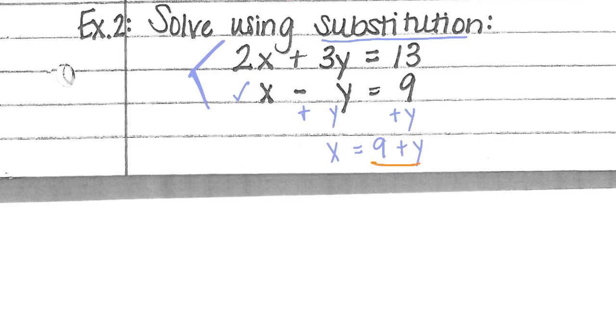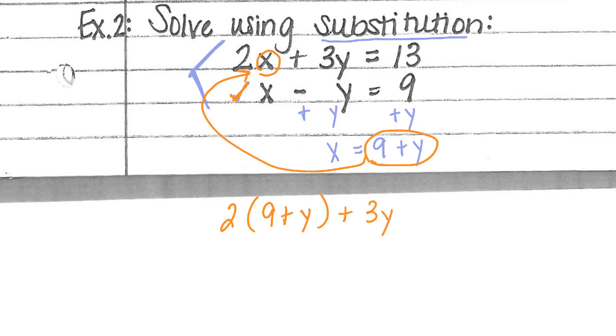So instead of putting in x in the top equation, since I solved for the bottom, I'm going to put in 9 plus y. Notice I'm writing the exact same thing over, but instead of x, I am putting in 9 plus y in place of that x. Let's distribute. 18 plus 2y plus 3y equals 13.